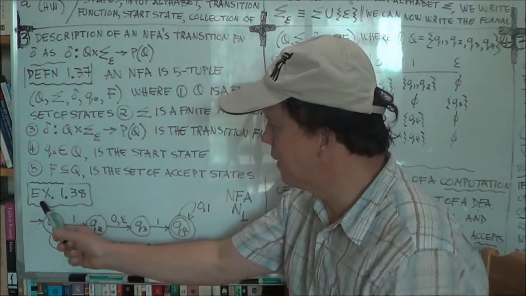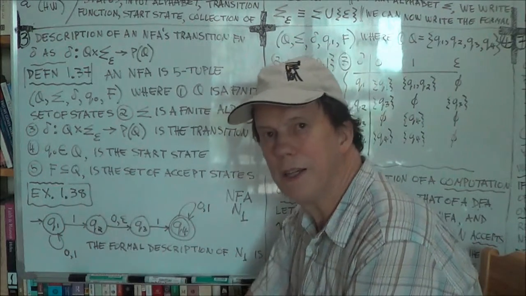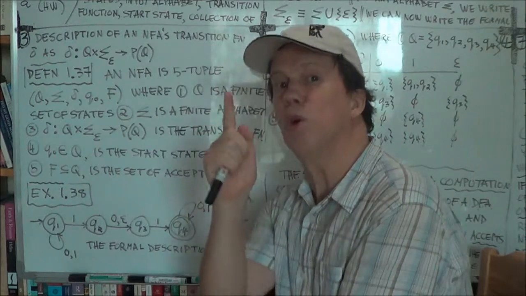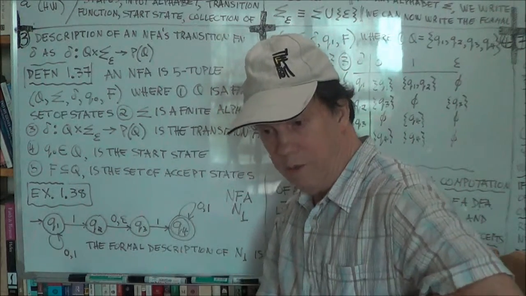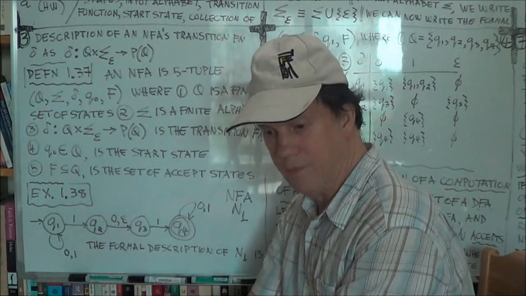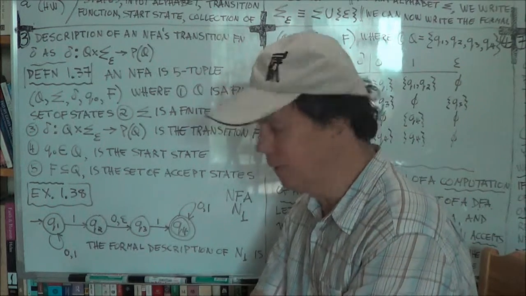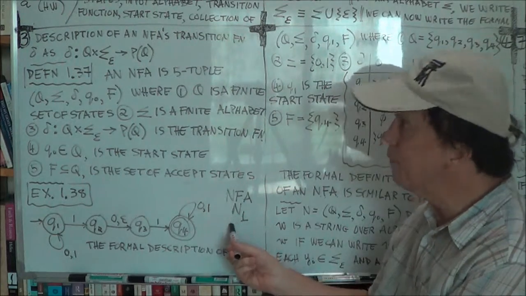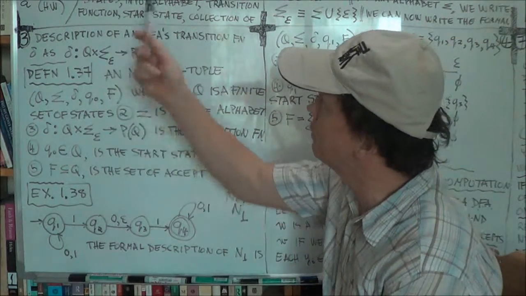Okay, so now an example, 1.38 in the text. An example of a formal definition of an NFA. Now, we've seen this before. It's N1. Earlier, in the previous session, we did N4.